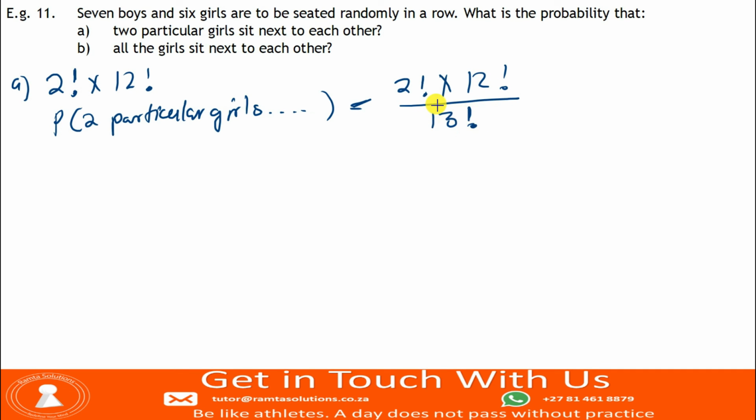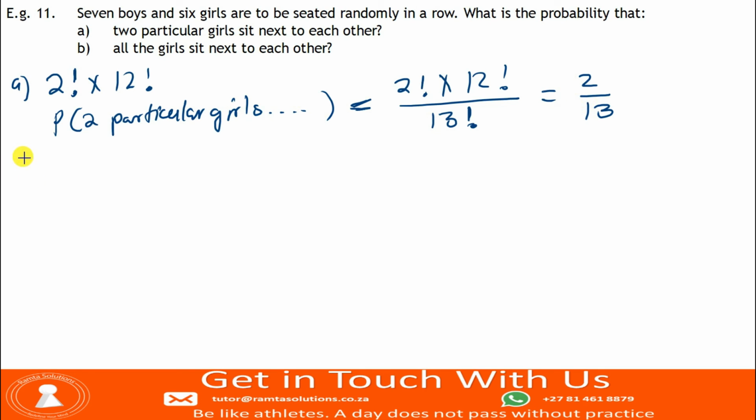This will be 2 over 13. I don't have to use a calculator. If you like, you can use your calculator. It will really give you 2 over 13.